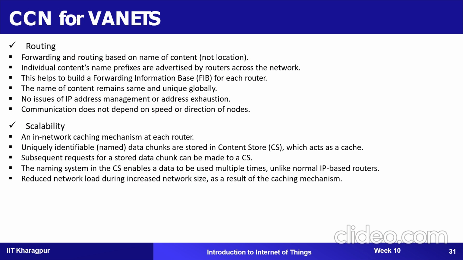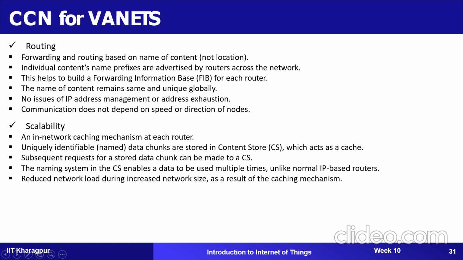Now CCN, that is content centric networking, for VANETs. The first topic is routing. Forwarding and routing are based on the name of the content, not on the location. Individual content name prefixes are advertised by the router across the network. This helps to build a forwarding information base for each router, which is similar to the routing table.